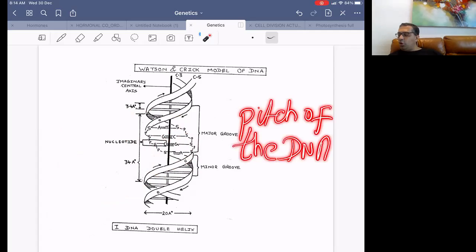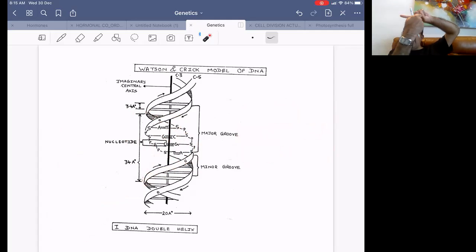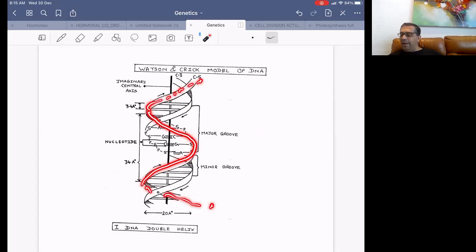So how much is the pitch of the DNA? The length of one spiral, one spiral of one strand. Above this is another spiral, below this is another spiral.